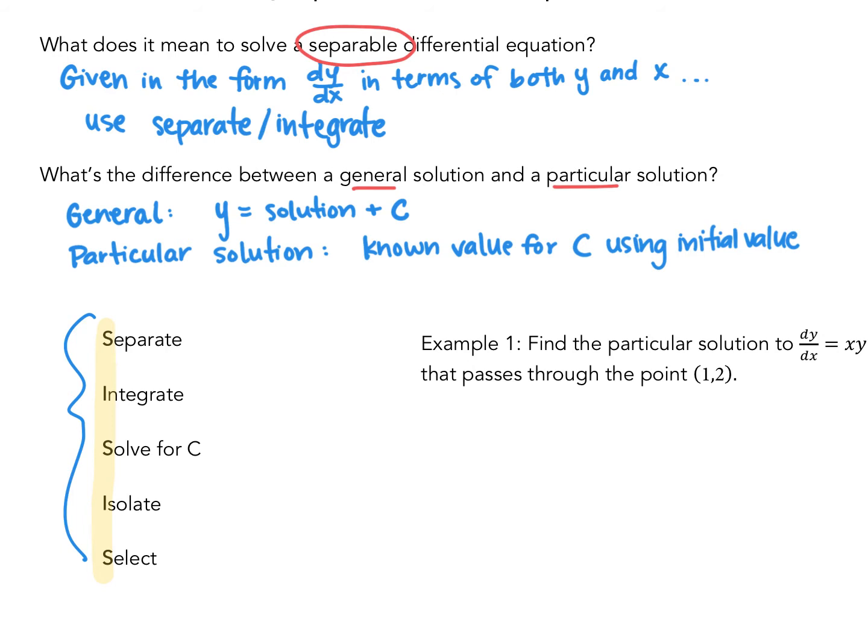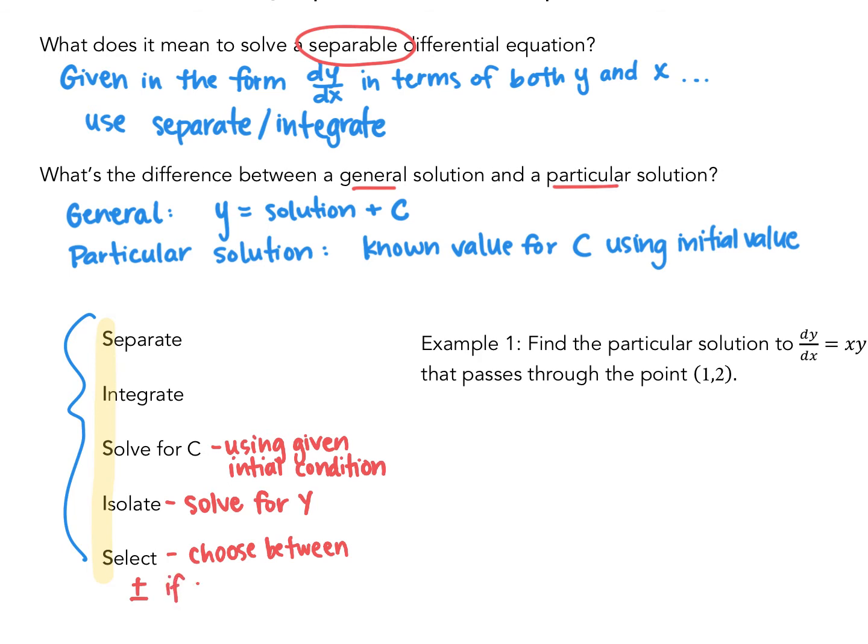Some people will mix up and try to get y alone before they solve for c, but you want to solve for c first, using the given initial condition, the initial value. Isolate means to solve for y after you've found your value for c. And then select means choose between the plus or minus, if applicable, if your problem has a plus or minus.